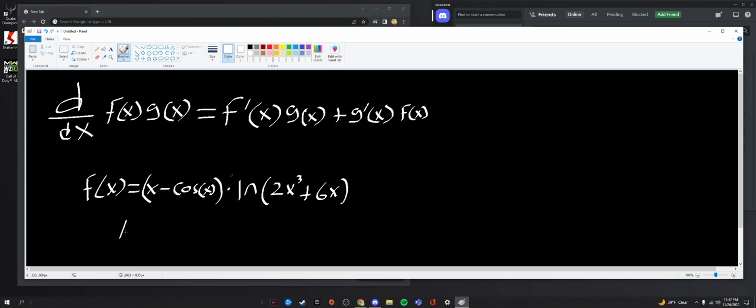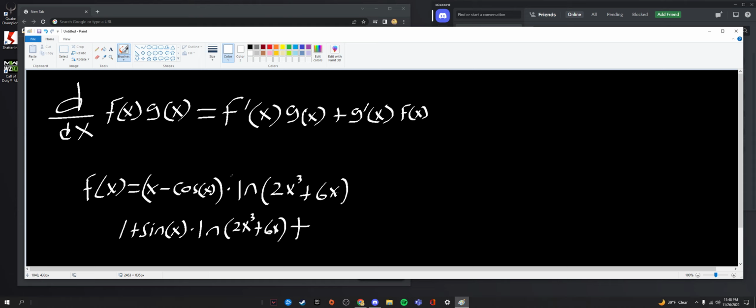Minus cosine of x differentiates into positive sine of x, so we have 1 plus sine of x, and of course we just multiply by the original g of x that's not differentiated, which is ln of 2x cubed plus 6x. And now we add the derivative of ln of 2x cubed plus 6x.